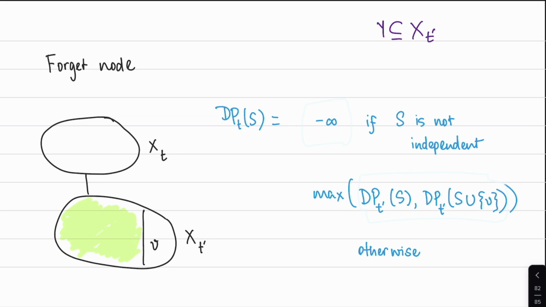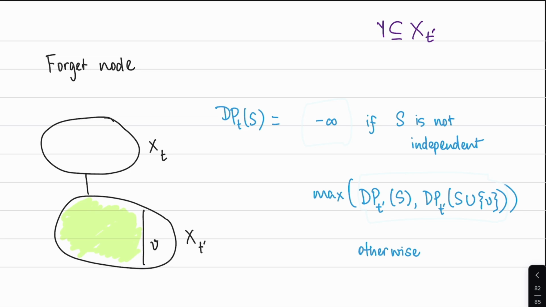So that's the place where we see this vertex V last. So its parent is going to be the forget node. But on the other hand, all the leaves of this subtree are places where this vertex gets introduced. So a vertex can be introduced multiple times, but it gets forgotten only once. That's a nice thing to know about nice 3D compositions.